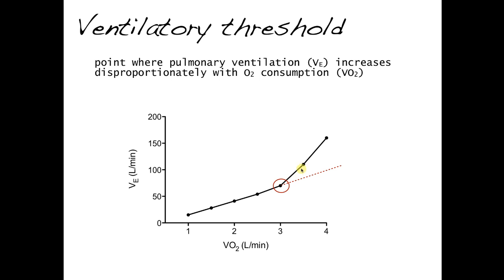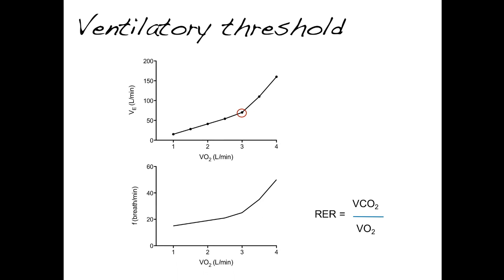However, there's an exponential increase in minute ventilation. This exponential increase is entirely due to an exponential increase in breathing frequency, so how frequently you breathe per minute. And this is stimulated by the sympathetic nervous system for a number of reasons, which I won't cover in this video.